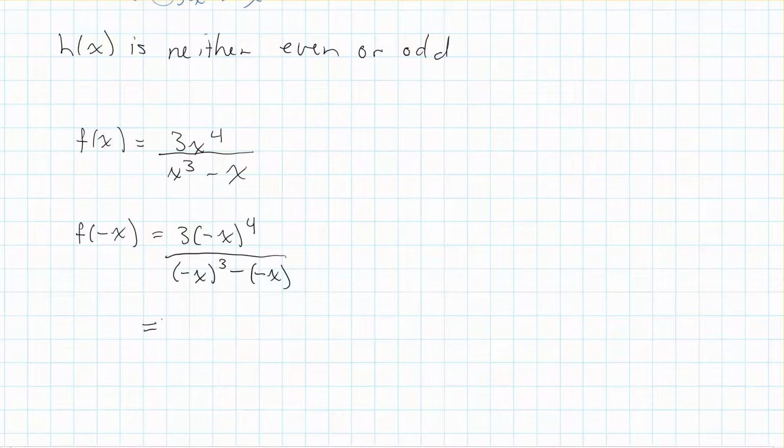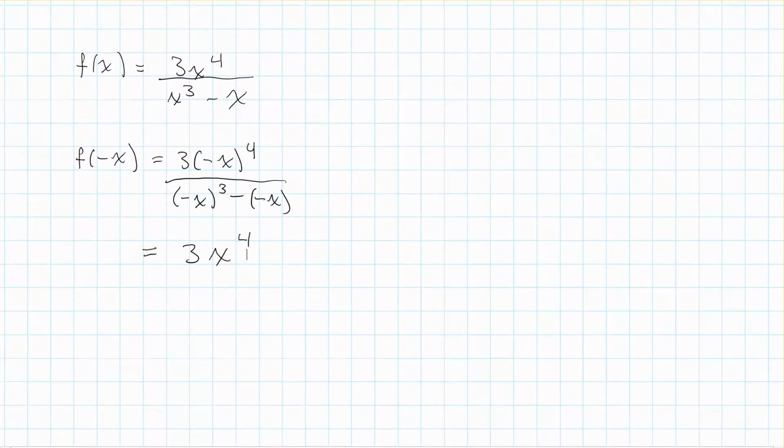Okay, so this is going to be, well, x to the fourth, that's still going to be positive. So this is 3x to the fourth over, then this would be negative 1, so it would be negative x cubed plus x. But what I'm going to do here is I'm going to notice this denominator.